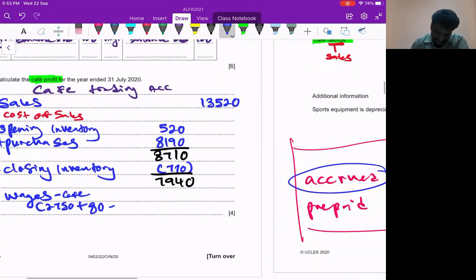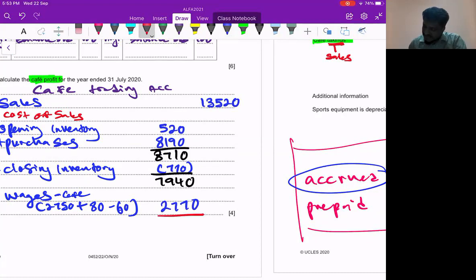Do you understand? If you don't understand, please ask me. So how much are my wages? 2,750 plus 80 minus 60, I'll get 2,770. So you total up 7,940 plus 2,770. I get 10,710.